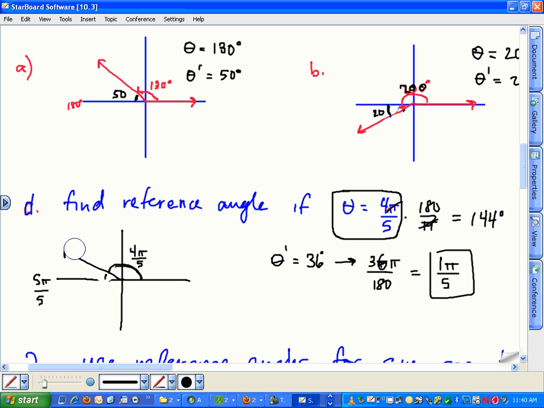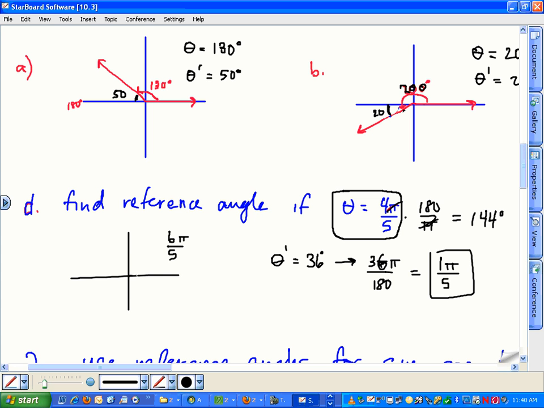Okay, or let me show you a different one. What if the angle were 6 pi fifths? Now, how do you know if that's beyond 1 pi or not beyond 1 pi? What's the value of 6 pi over 5? Or what's the value of 6/5? Is it greater than 1 or less than 1?